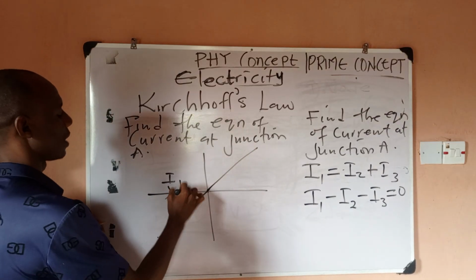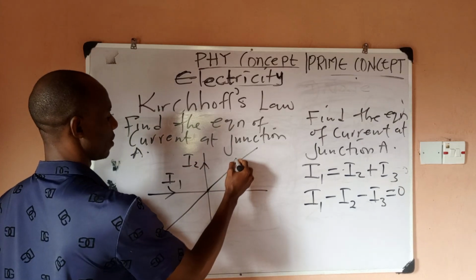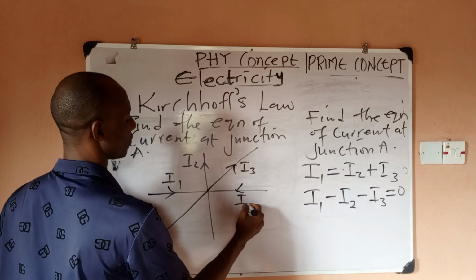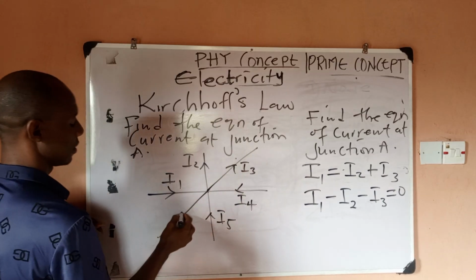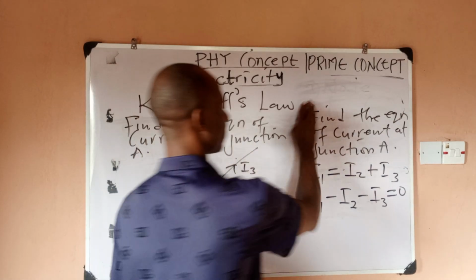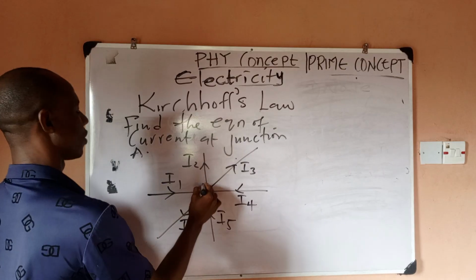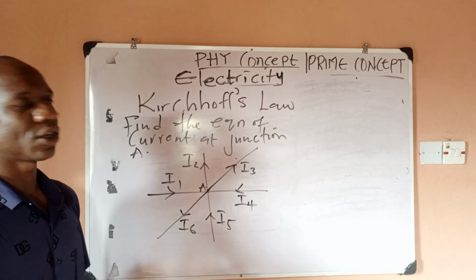Now this is I1, this is I2, this is I3, this is I4, this is I5, and this is I6. So we want to find the equation of current by KCL at junction A.